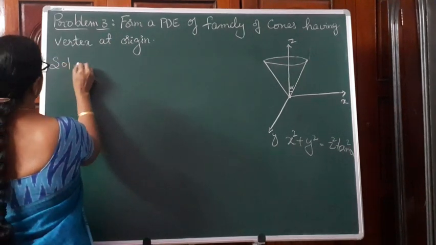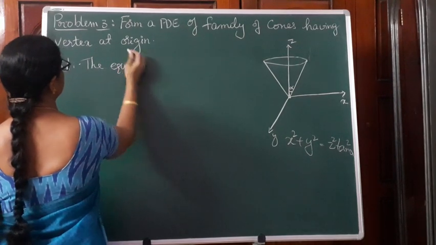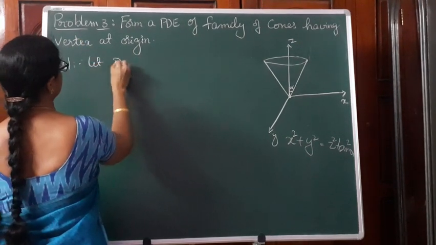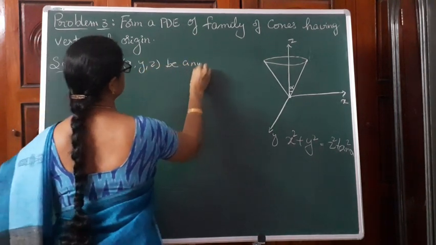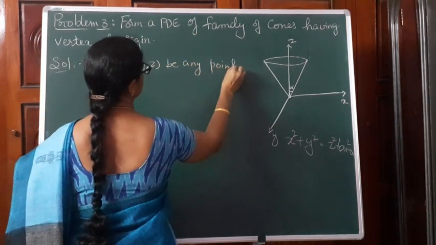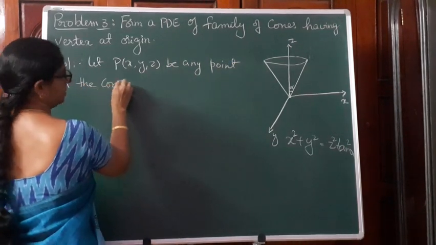We take a point P(x, y, z) to be any point on this particular cone.